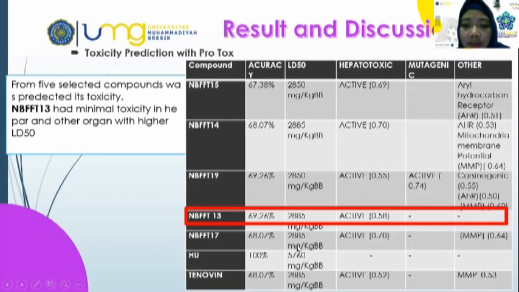Another toxicity that we predict is hepatotoxicity in the liver, also mutagenic toxicity, and if it has other toxicity, it will appear in this other.